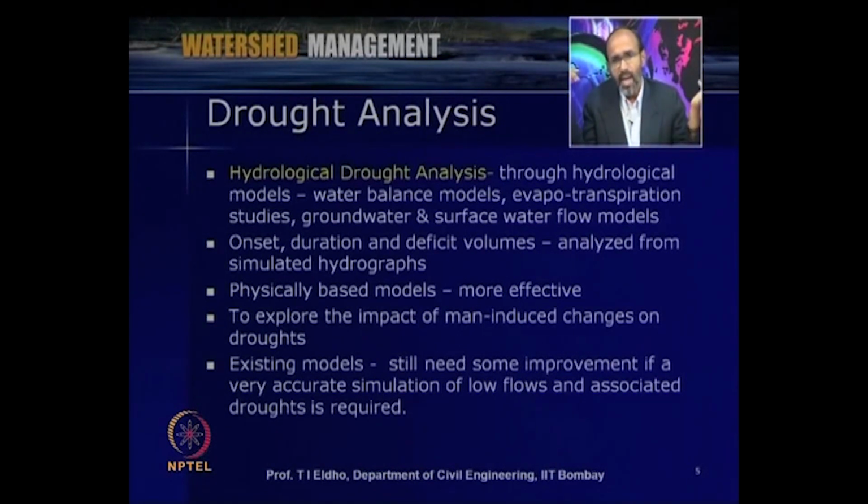But when drought is concerned, we have to deal with very low flows within the watershed, like overland flow or channel flows, and some modifications may be required if we try to use the existing hydrological models for drought analysis.